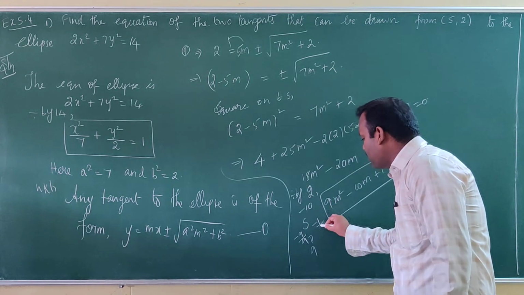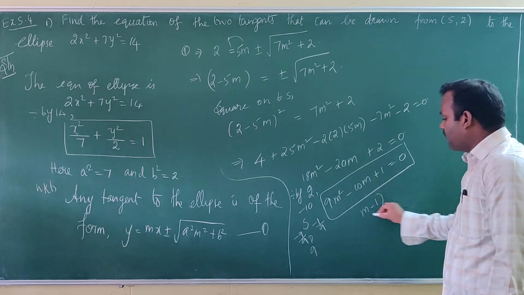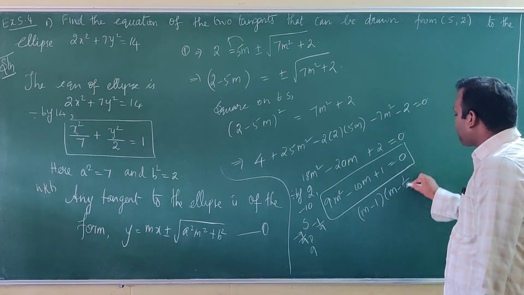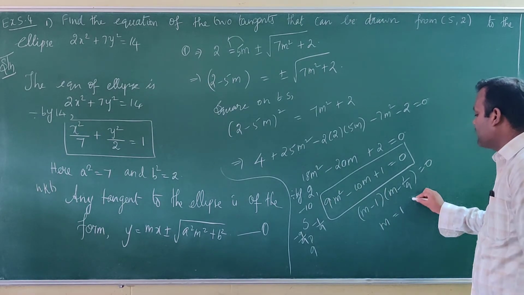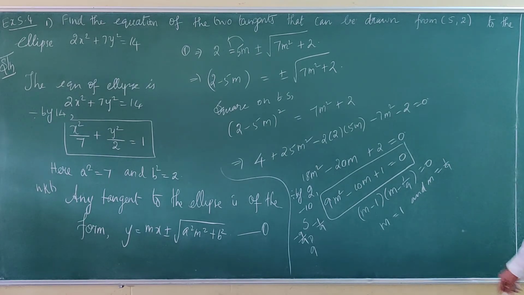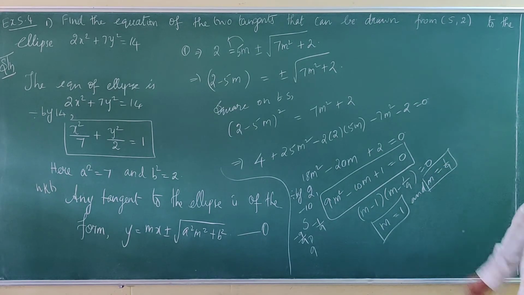So when you are dividing both the numbers by 9, you will get m minus 1 into m minus 1 by 9, which is equal to 0. So you will have m equal to 1 and m equal to 1 by 9. So we have found out the value of m. Okay, m is equal to 1 and m is equal to 1 by 9.